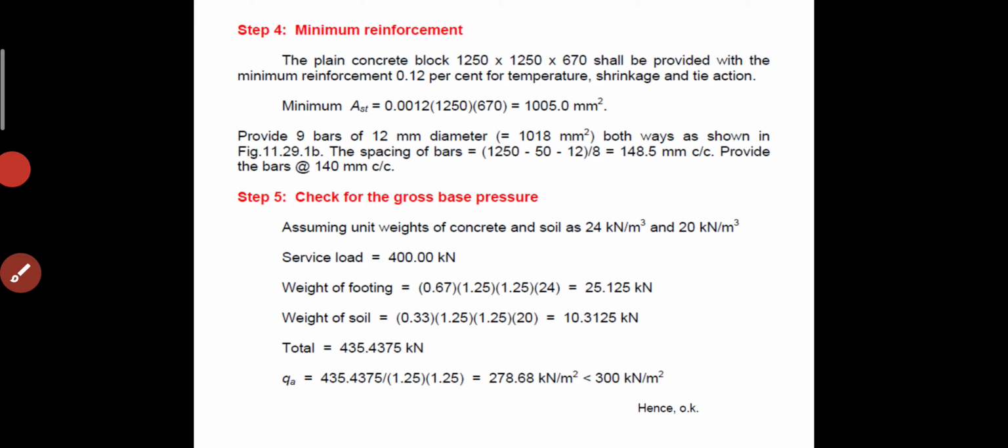Fourth step is minimum reinforcement. The plain concrete block 1250 into 1250 into 670 shall be provided with the minimum reinforcement of 0.12% for temperature, shrinkage and tie action.